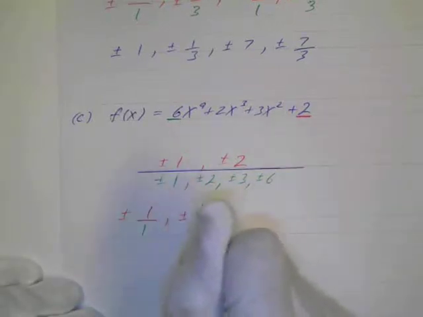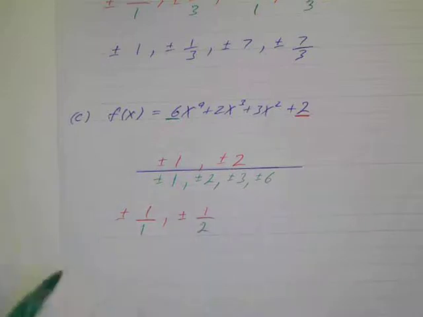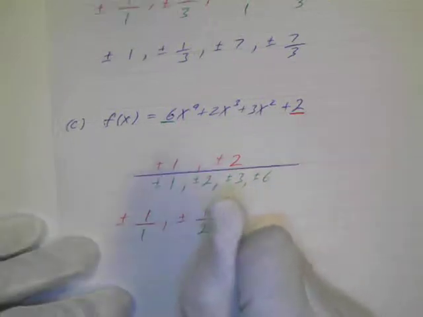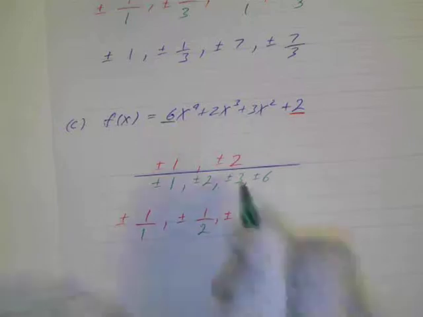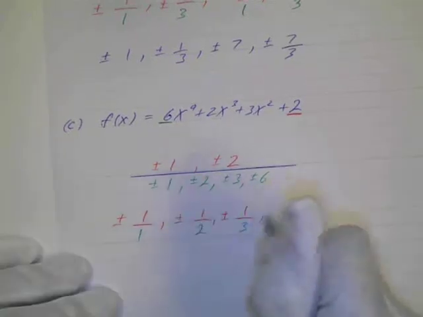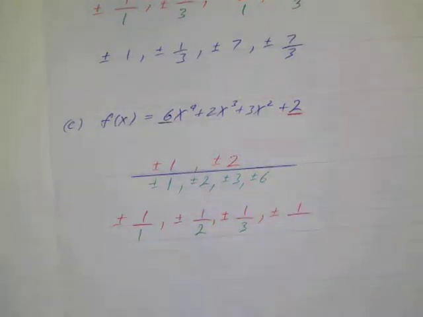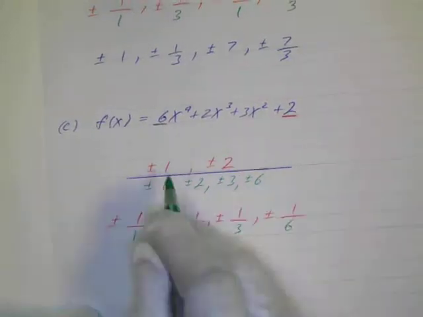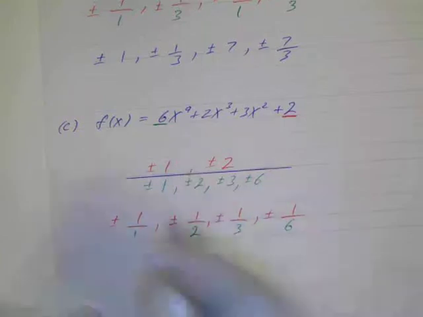Plus or minus 1 over 2. Plus or minus 1 over 3. And plus or minus 1 over 6. So you can go 1 over 1, 1 over 2, 1 over 3, 1 over 6. And then we're going to do the same thing with 2.